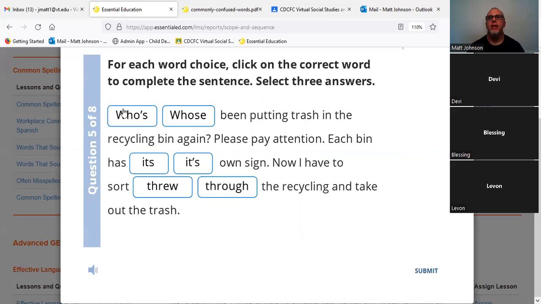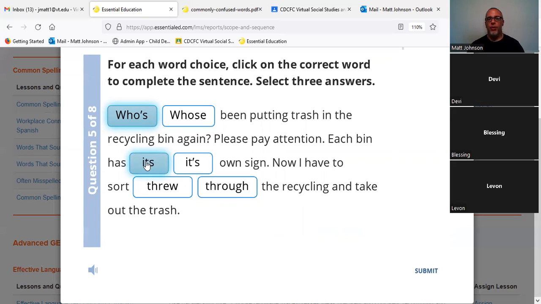Who is doing that, right? So we can separate that out instead of using the contraction. We know that makes sense. So whose? Each bin has its own sign. Are we going to say each bin has it's own sign? No, that doesn't make sense. So we don't use the apostrophe. This is a possessive pronoun.